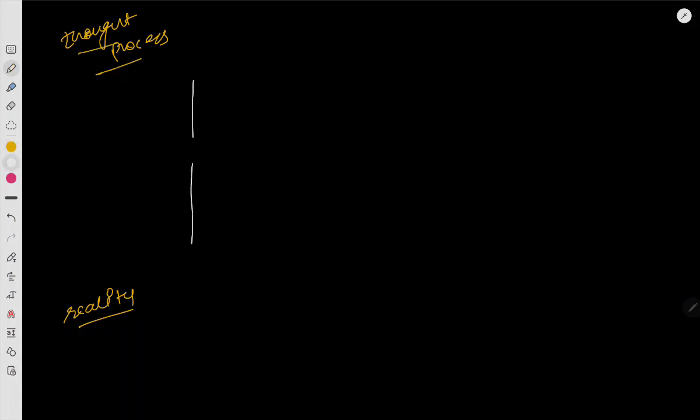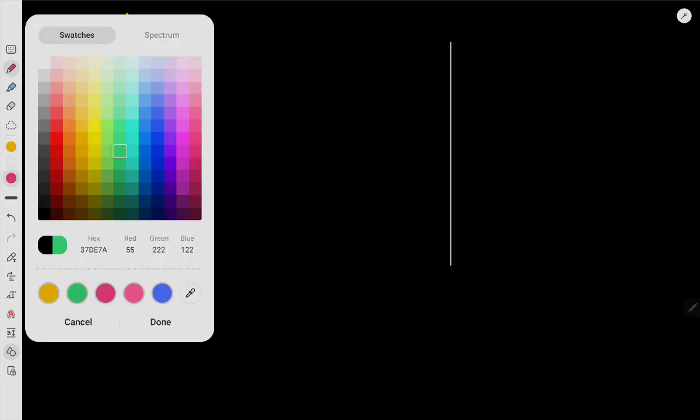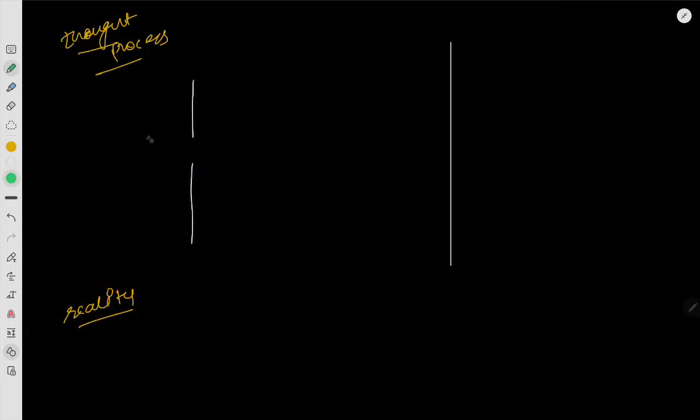So here is our small slit. Now we can say it's not a slit, it is a comparatively bigger hole that we have dug into a cardboard, and we are passing light through it. Let the light color be green, and we are passing light through it.